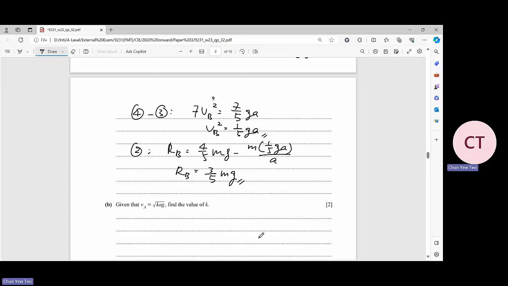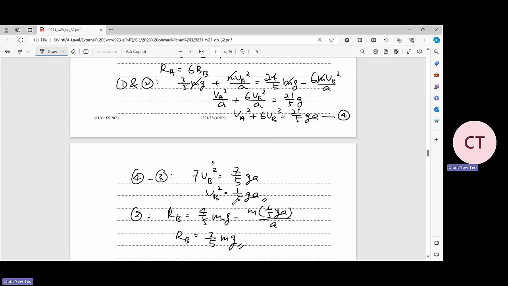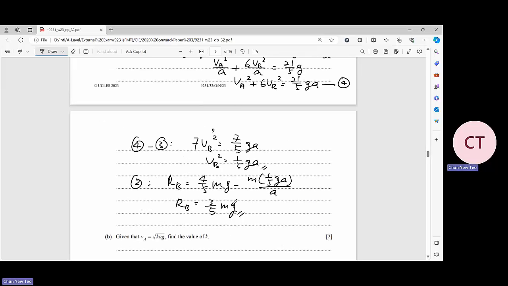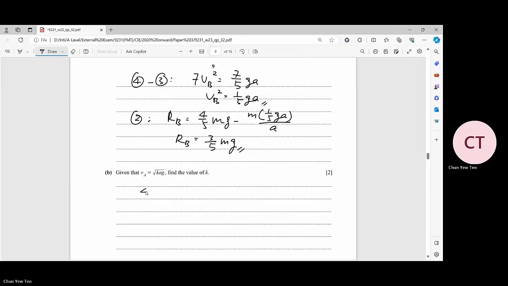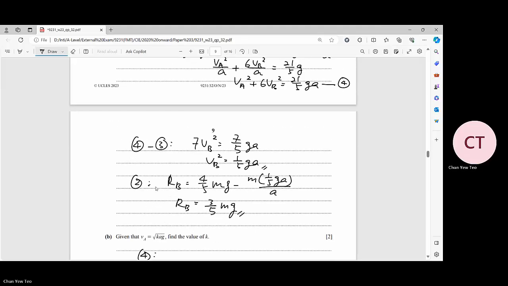Okay, done. Then after that, we want to find the value of VA. So from equation number 4, VA square plus 6VB square is equal to 21 over 5 gA. My VB square is 1 over 5 gA.